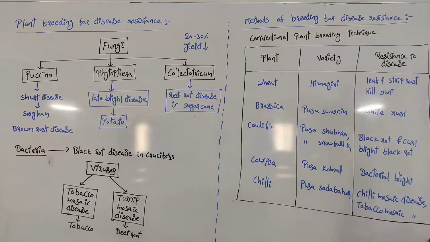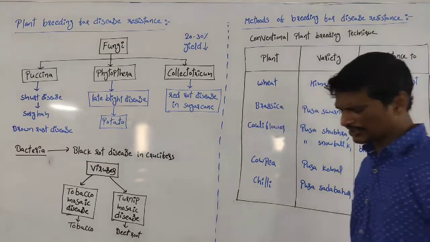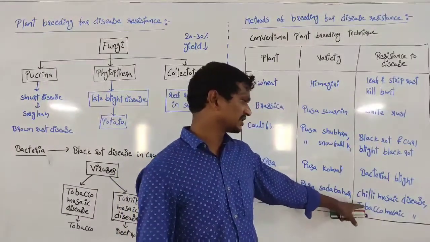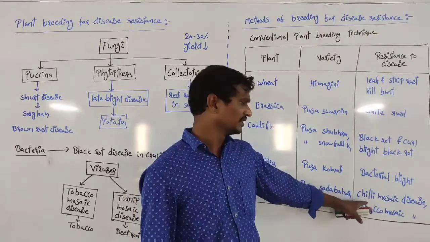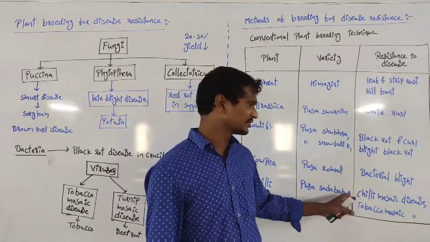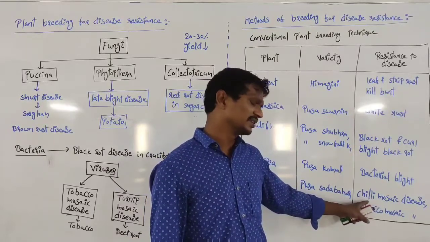And chili, here the variety name is Pusa Sadabahar, right? And chili mosaic disease, and the other one is tobacco mosaic disease. So these two are diseases, and the Pusa Sadabahar variety is resistant to chili mosaic disease.